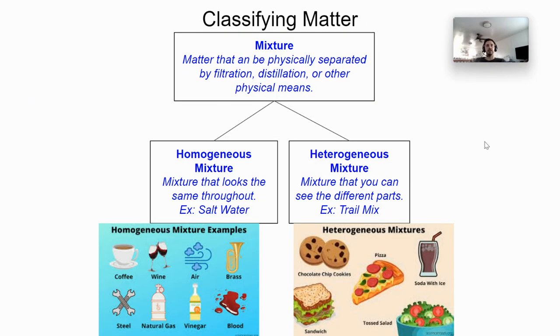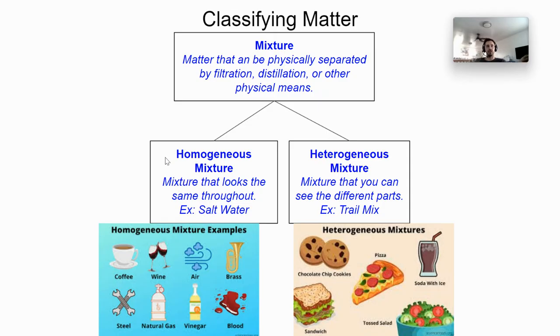All right, and then we have mixtures. Mixtures can be physically separated by filtration, distillation, or other physical means. Homogeneous: homo is a prefix in science meaning the same. So homogeneous means it looks the same throughout.